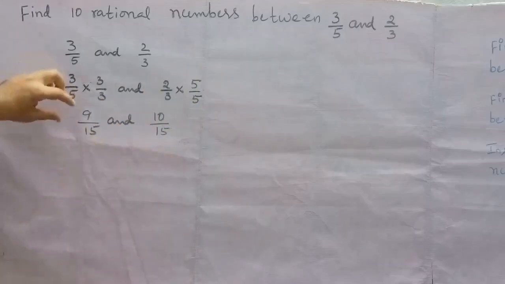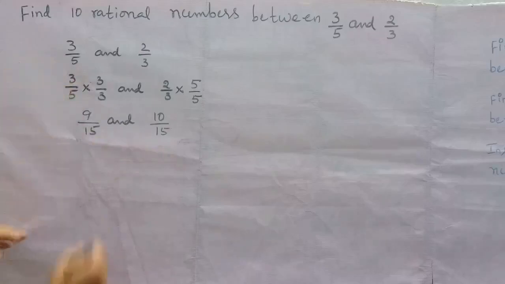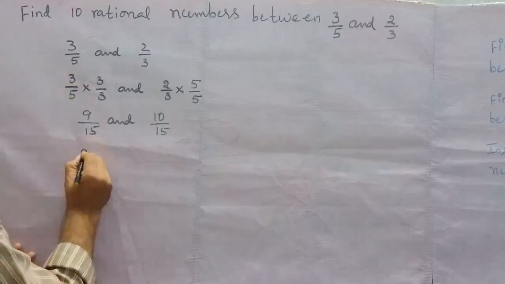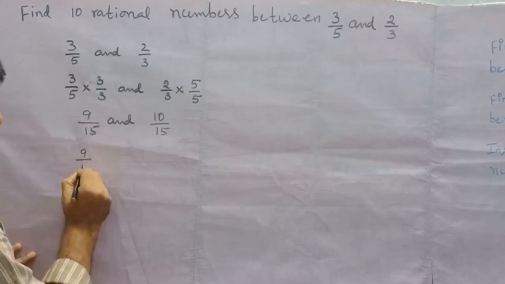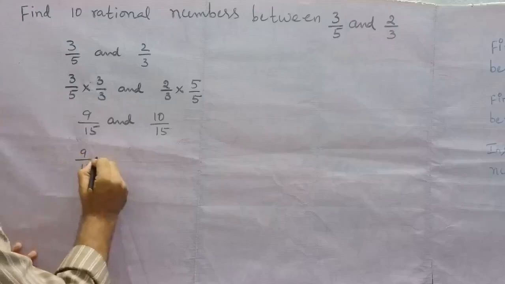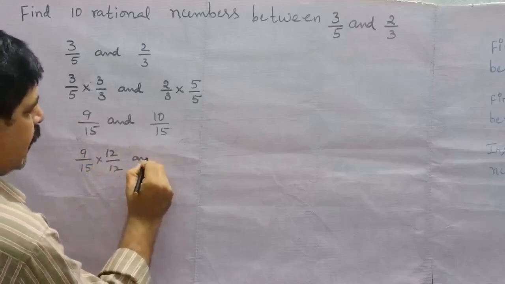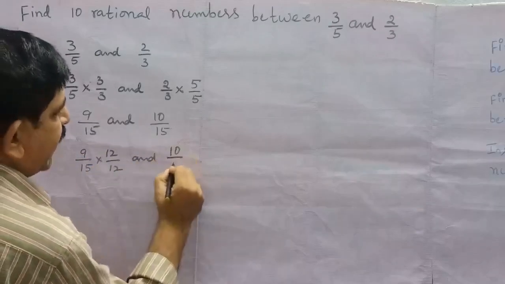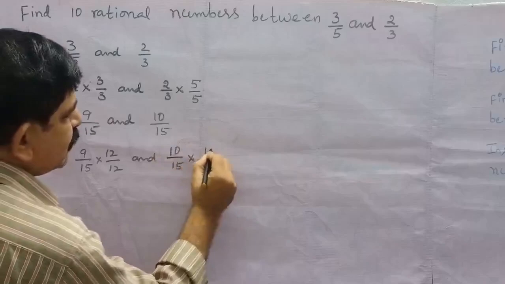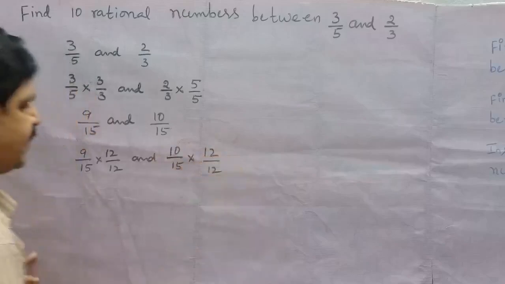Then we have to multiply again. We have to multiply the first fraction 9 by 15 with 12 by 12, and 10 by 15 with 12 by 12 again. Why do we take only 12?